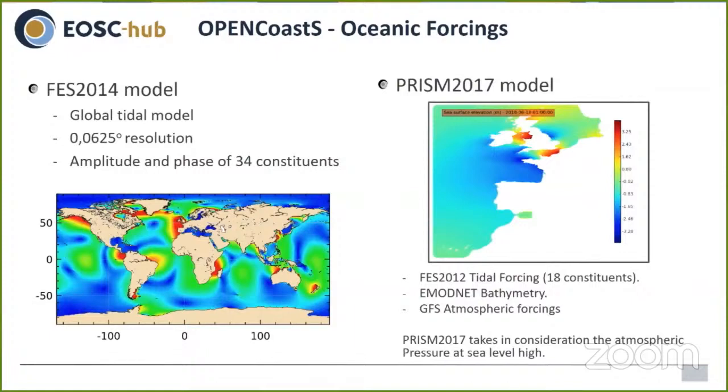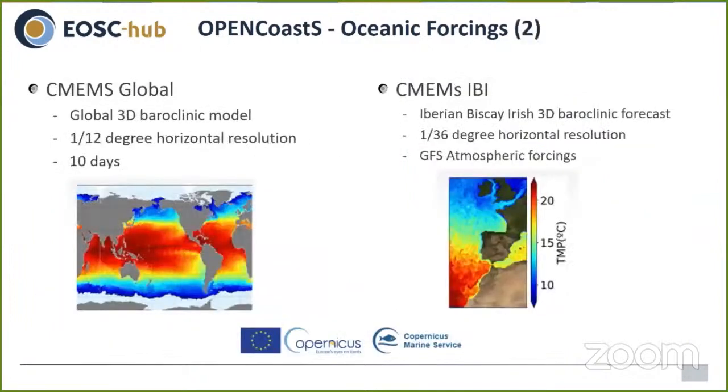In summary, PRISM should provide a better representation of the mean sea level at the coastal zones, but it can only be applied in a limited area. Its results are more accurate in the Iberian Atlantic coast. OpenCoasts also has the option of using CMEMS, the Copernicus Marine Environment Monitoring Service.